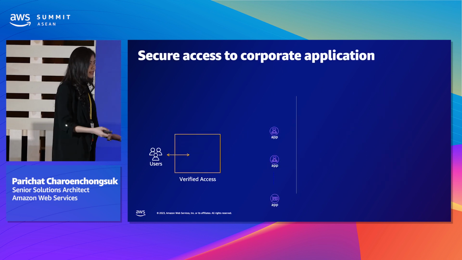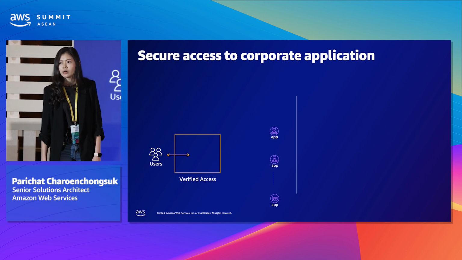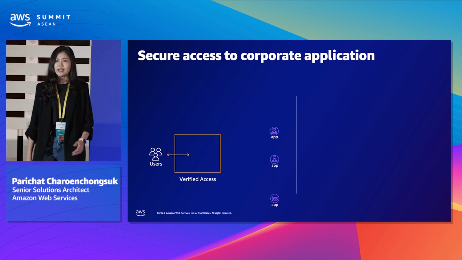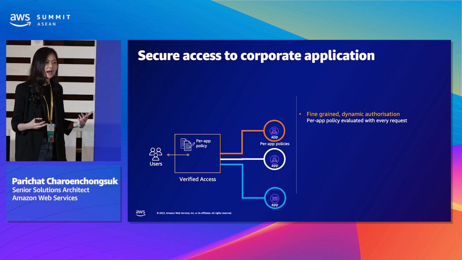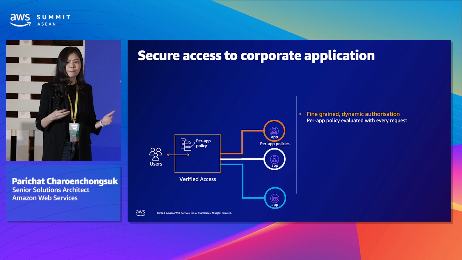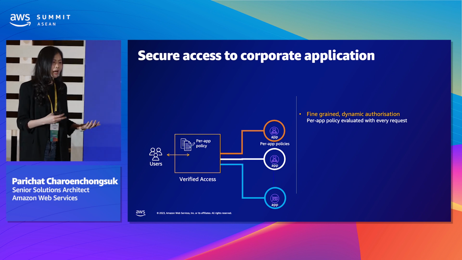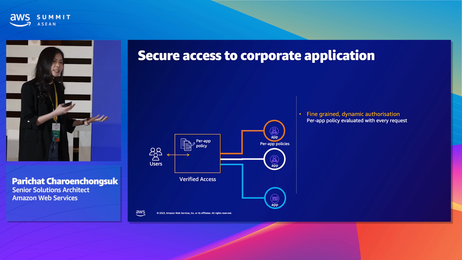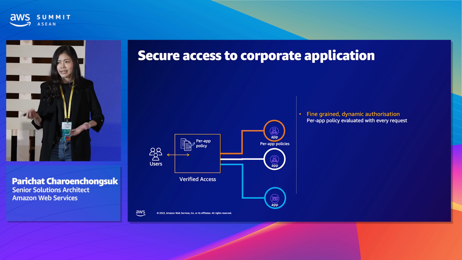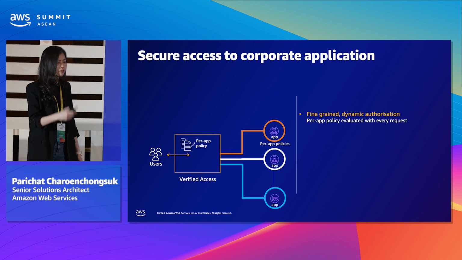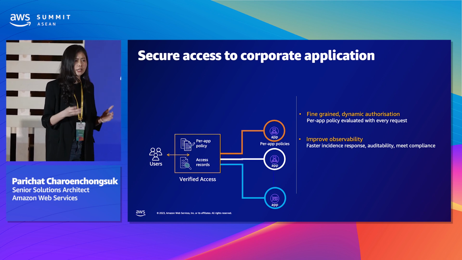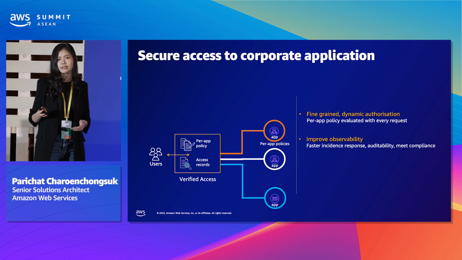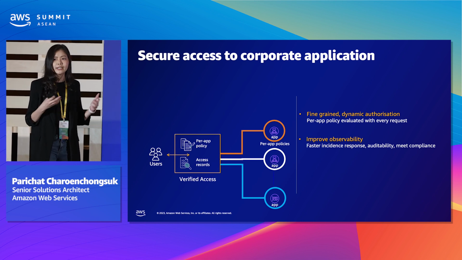So let's look inside Verified Access to see how it works. Actually, it does 3 things. First, you can define access for each application. For example, the financial team can access only the financial application, right? It improves observability by logging every single request that comes into your application, either allow or deny.